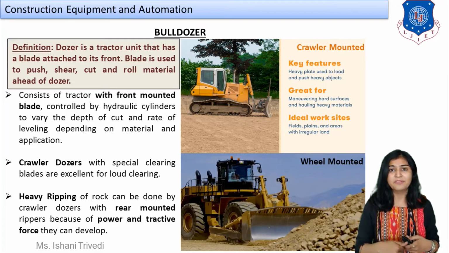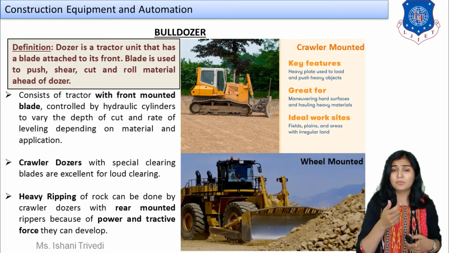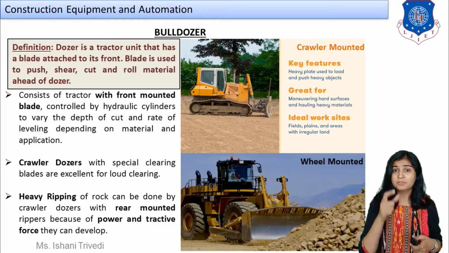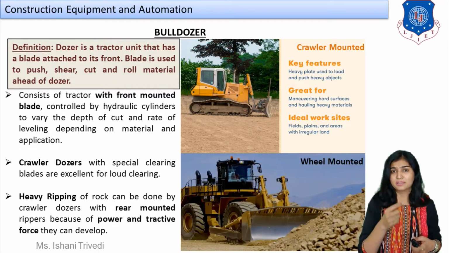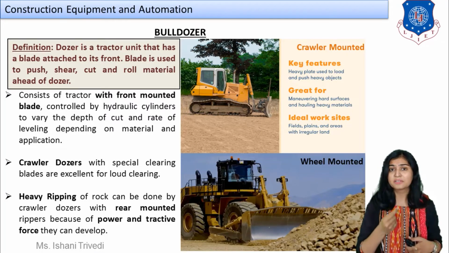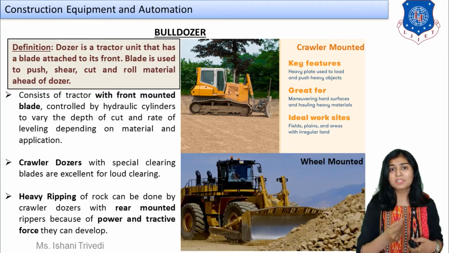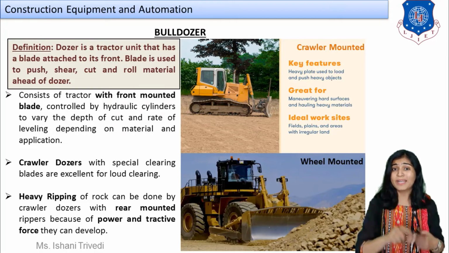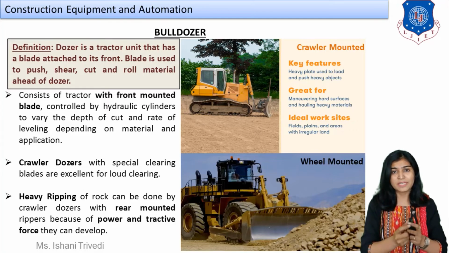Next it says heavy ripping, right? Now what is the meaning of ripping? That we are going to discuss when we talk about rippers and scrapers. Right now I am explaining it to you as removing rocks, removing soil. To break and remove something is known as ripping.